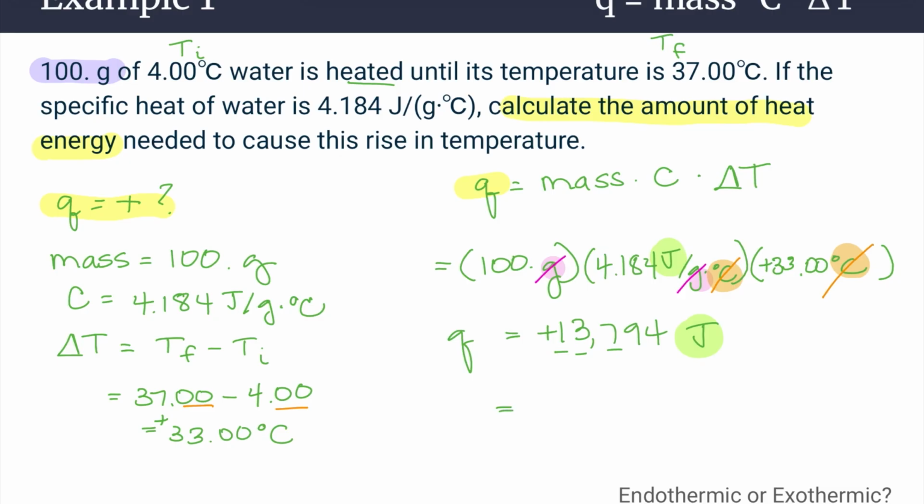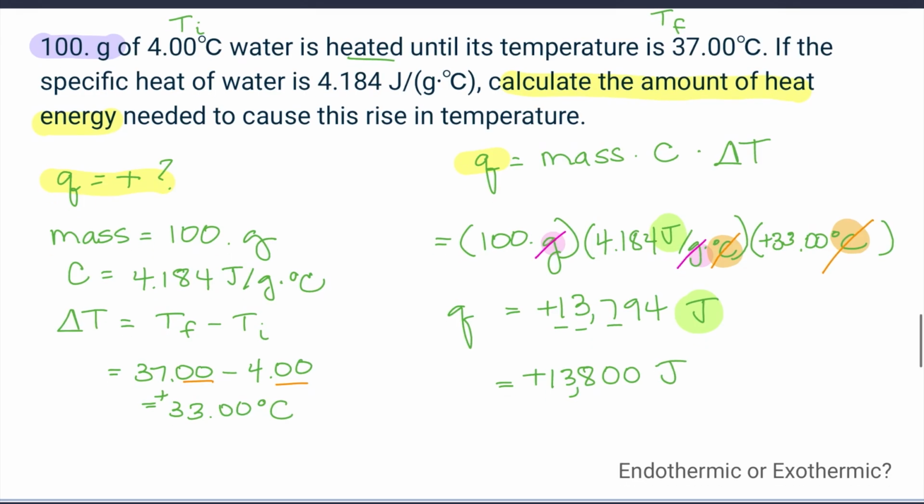And so we would have positive 13800 joules. And we are going to see a little later, we often are dealing with these high values, and so we could also write this as 13.8 kilojoules. So either of those would be an appropriate answer.